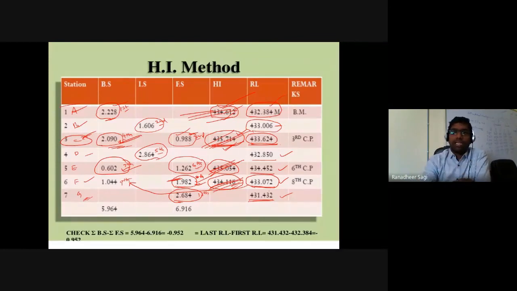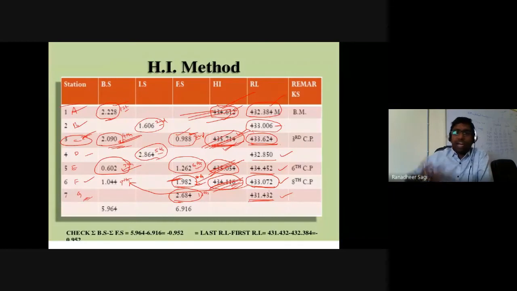How do we calculate it? The height of the instrument is calculated based on the RL value of that first point, which is already given to you, and the backside reading taken on your first point. So RL plus the backside gives you the height of the instrument, wherever it is set for the first time on the ground.